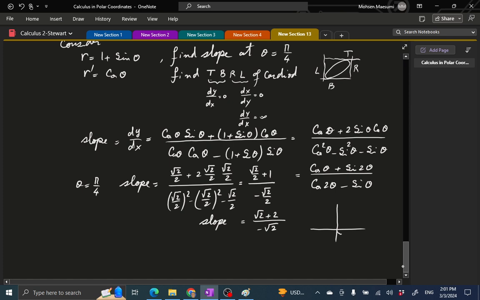We had that cardioid, let's say something like this. We are going at pi over 4. At this point we are asking what is the slope of this. Maybe I multiply this by radical 2, makes it a little nicer. It becomes 2 plus 2 radical 2 over minus 2, and then that becomes minus 1 plus radical 2. So that's clean enough. Slope is minus 1 plus radical 2 at this point, for whatever that is worth.